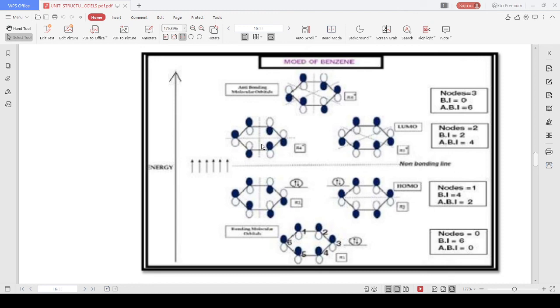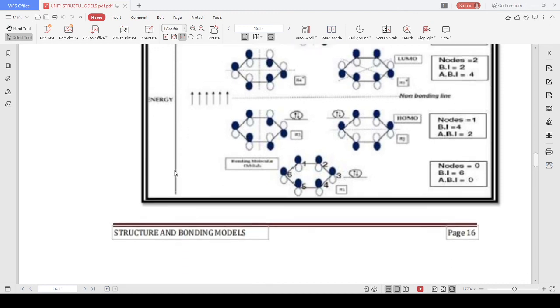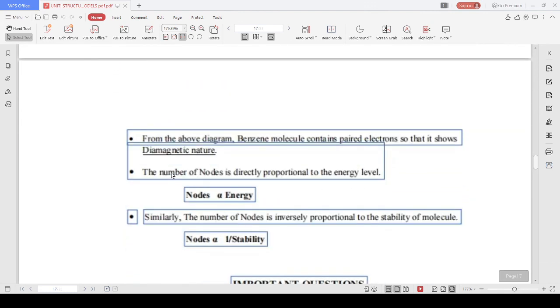So totally 3 bonding orbitals and 3 anti-bonding orbitals. From the above diagram, benzene contains paired electrons, so it shows diamagnetic nature.